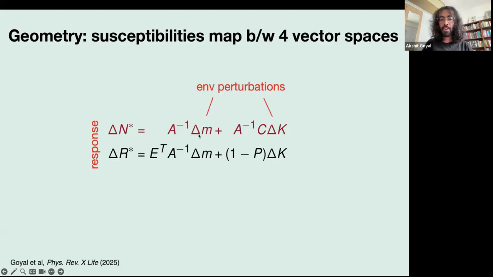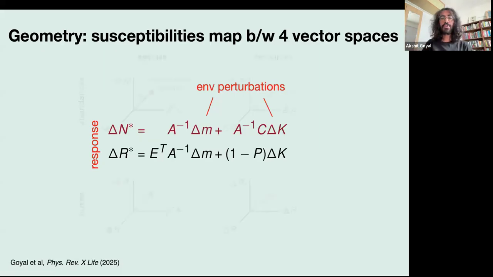In fact, there are two quantities, the mortality rates and the supply rates, that live in a different space, with dimensions that are not abundances but rates, one over time. What this equation is telling you is how to transform a vector from one space, which is a rate space, to another space, which is an abundance space. It's these susceptibilities that are doing the job of mapping between different spaces.